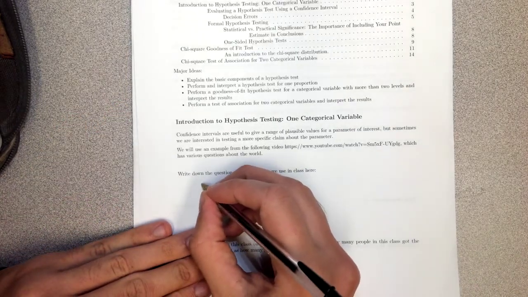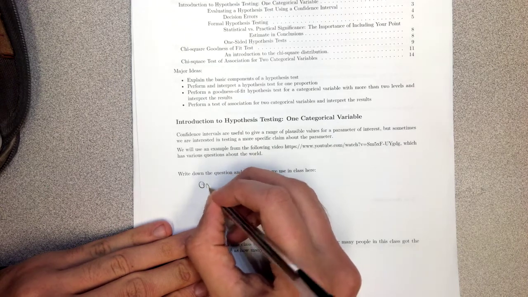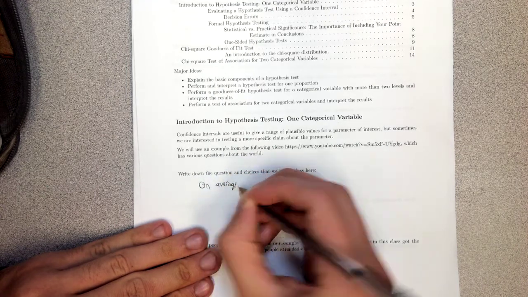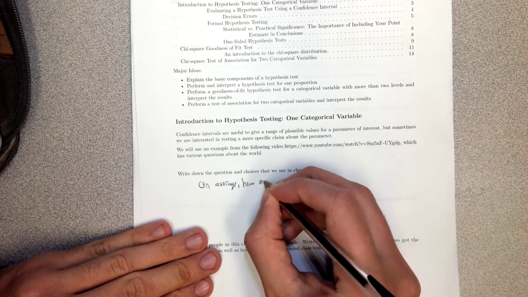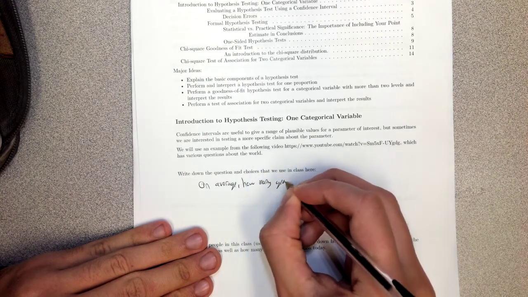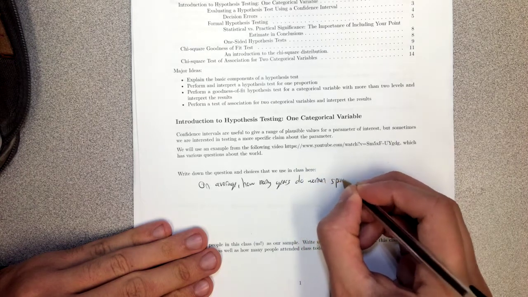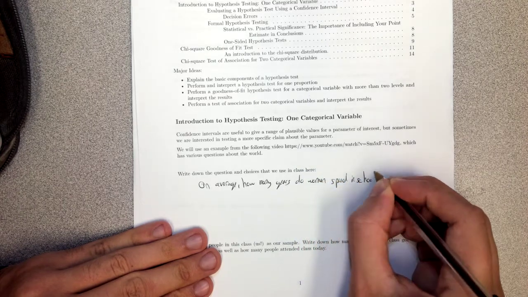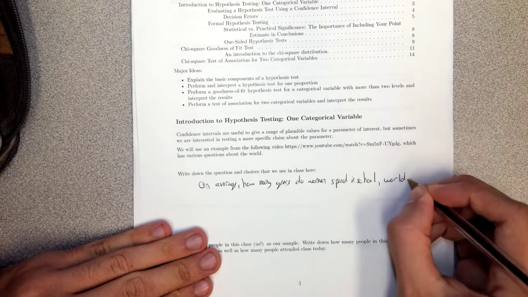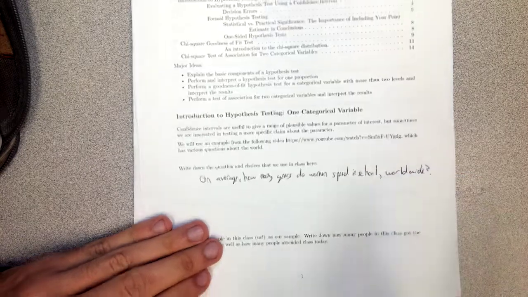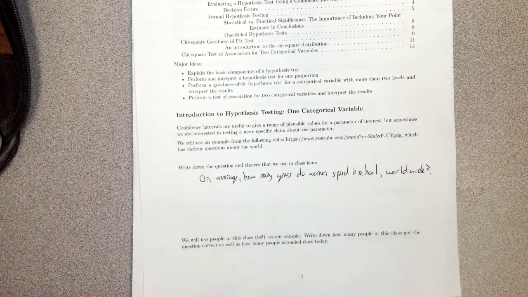that just asked, on average, how many years do women spend in school? And this was a global question. The question also said that men on average spend 7 years in school.